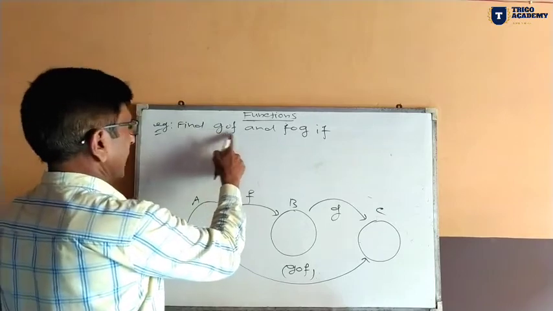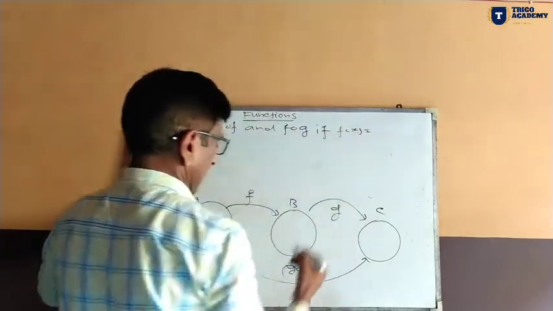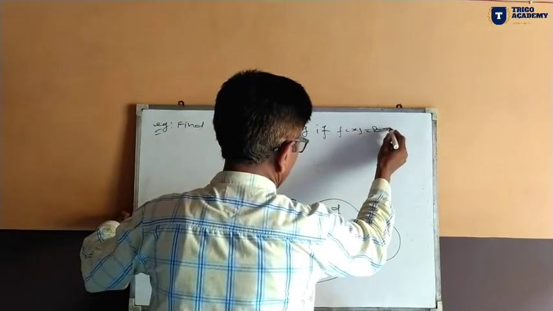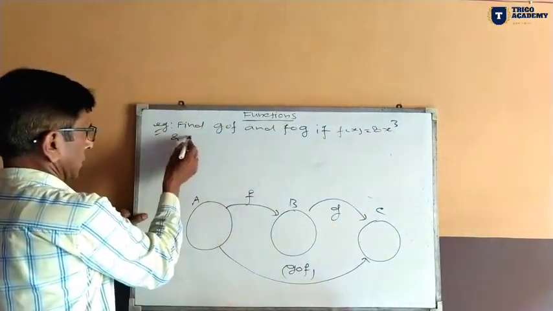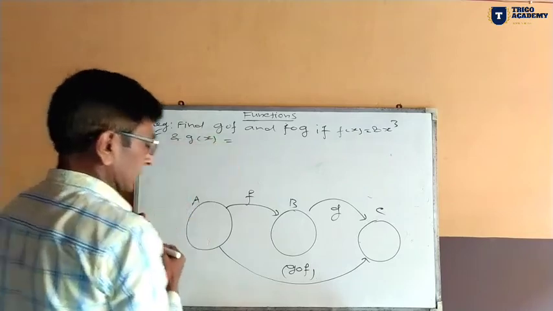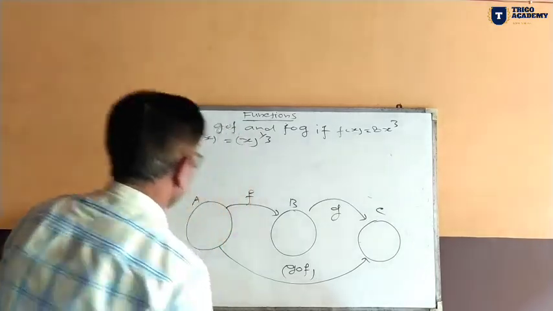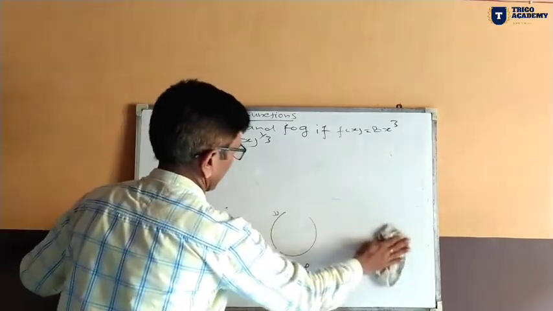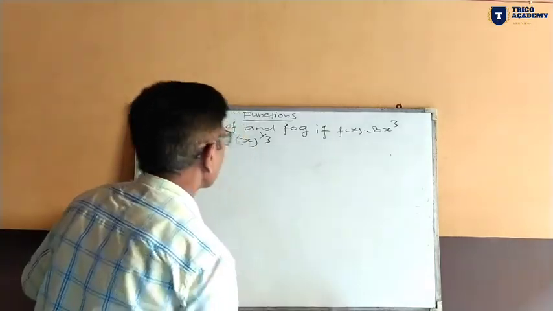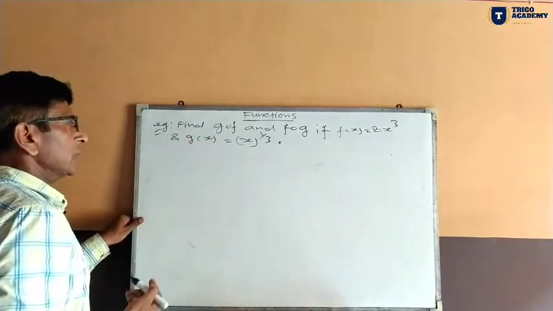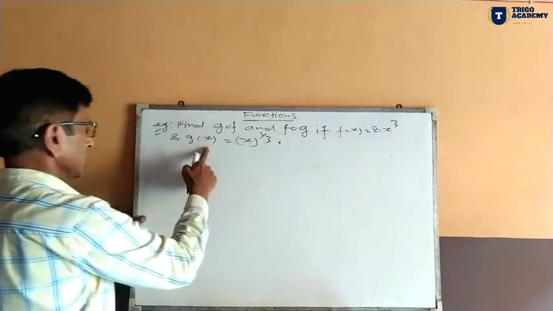So find gof and fog if f(x) equal 8x cube and g(x) equal x raised to 1 upon 3. Here we have to find gof and fog through f(x) and g(x).